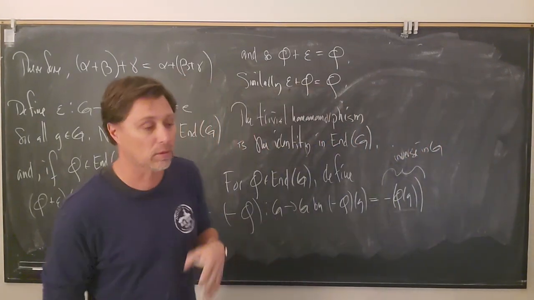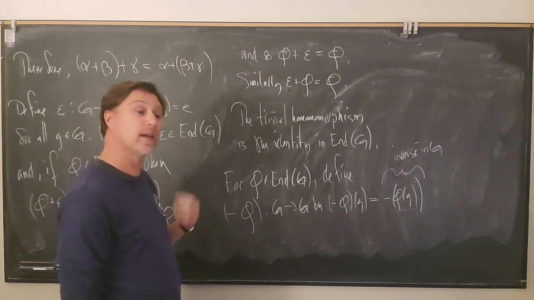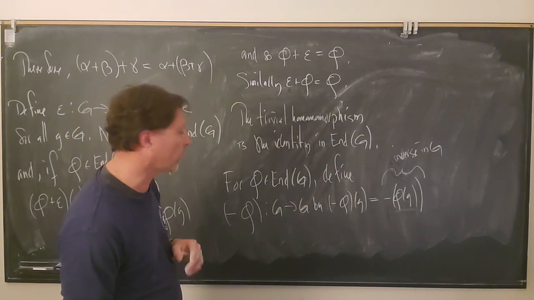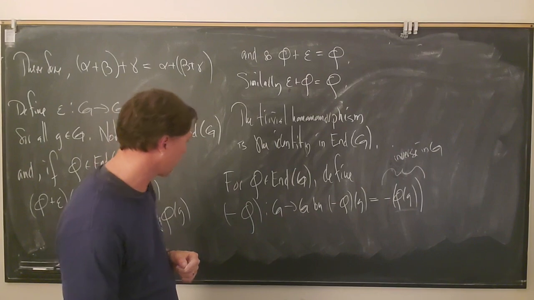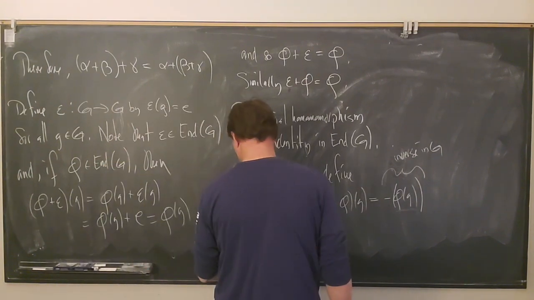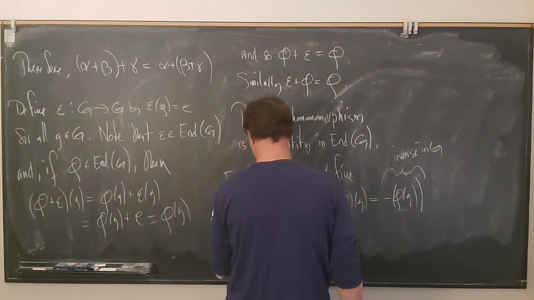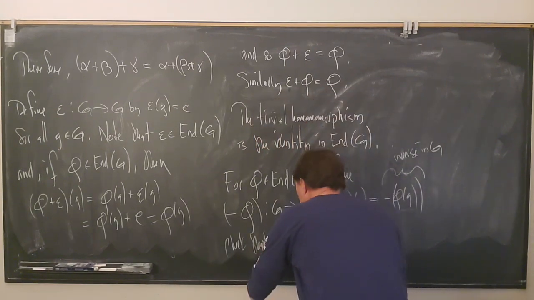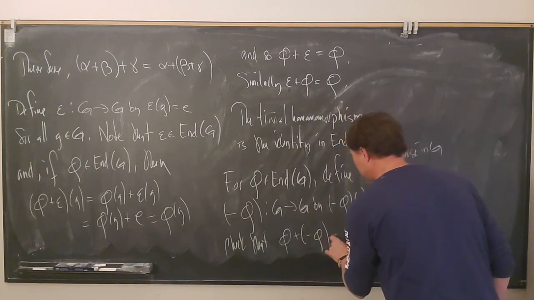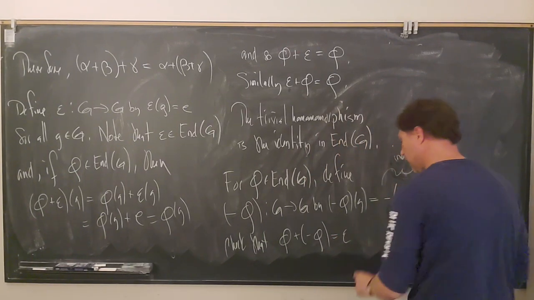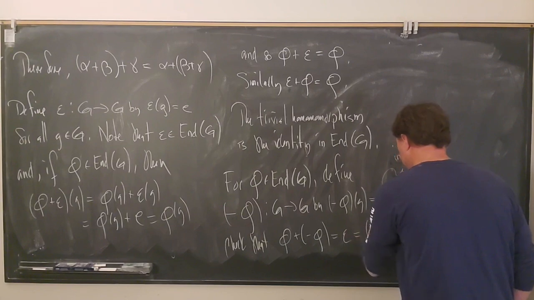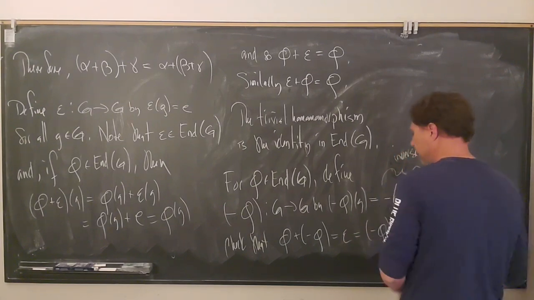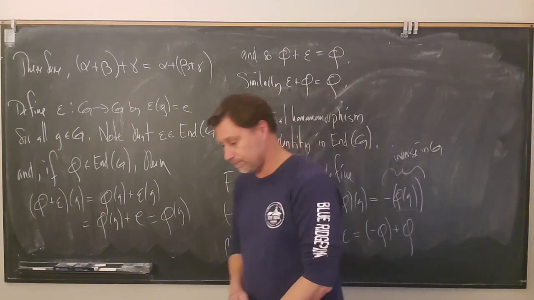That inverse, because we're working in an abelian group and writing additively, is denoted negative phi of g. And we can check that. If it's going to be an inverse, that would mean that phi plus minus phi has to equal our identity, which is epsilon, which is equal to minus phi plus phi. All right, so now we've got inverses.